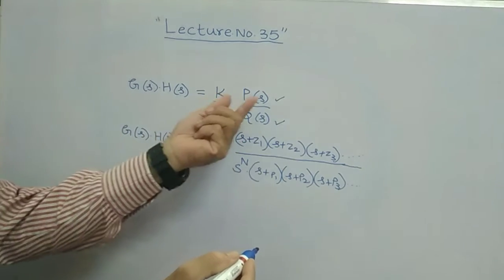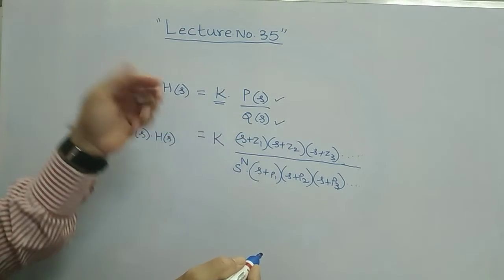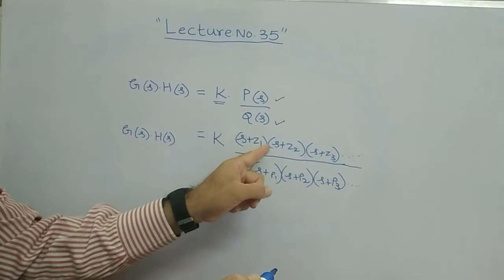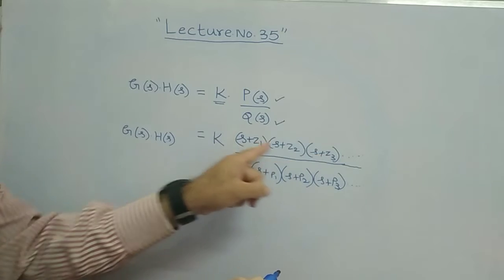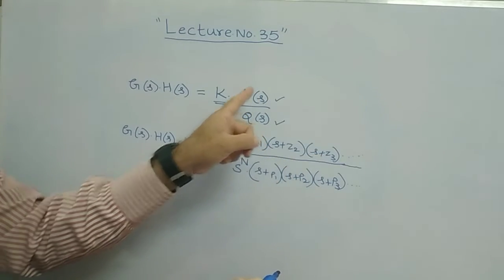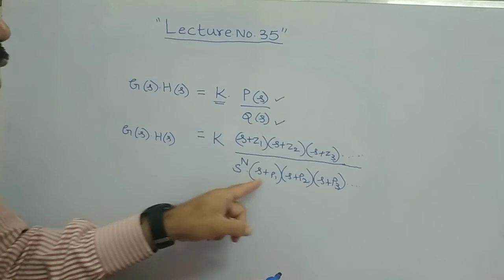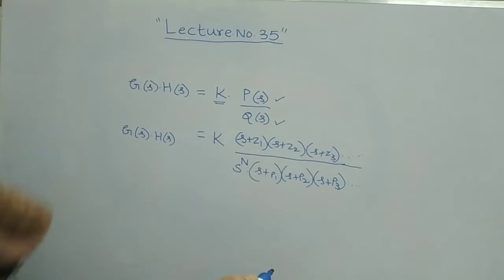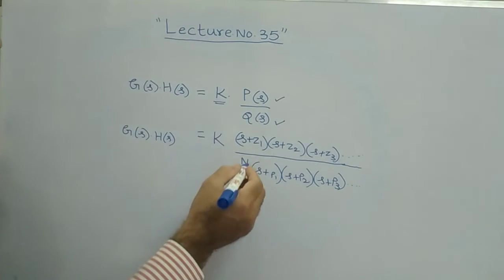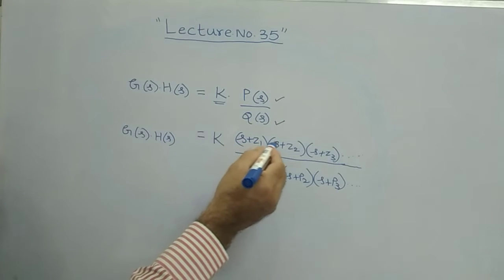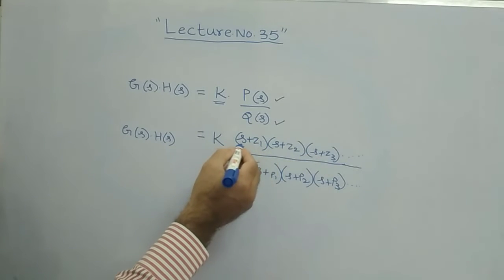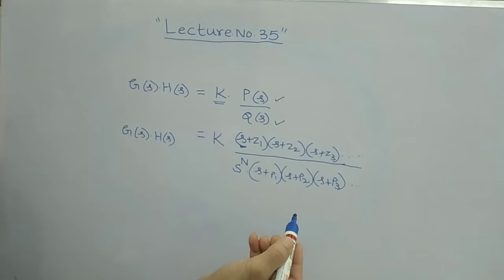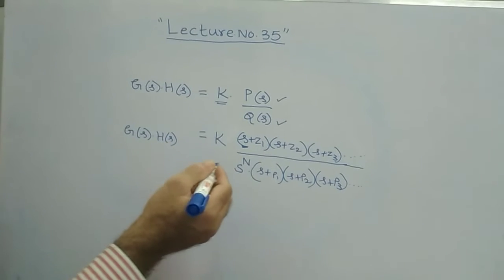The numerator polynomial P of S is further represented like this: s plus z1, s plus z2, s plus z3. This is nothing but your P of S, and this is your Q of S. Here s is the normal s domain variable.